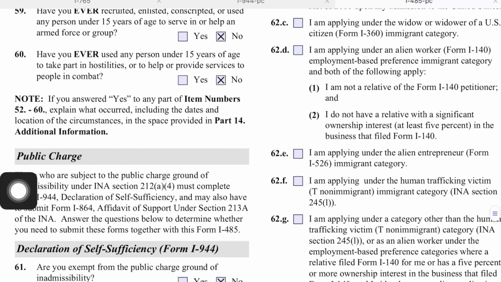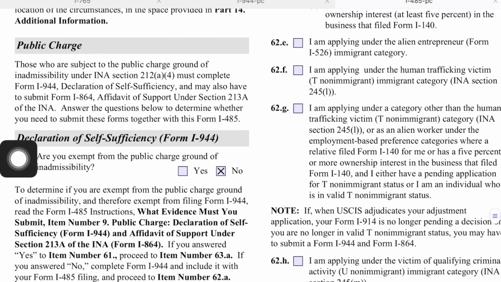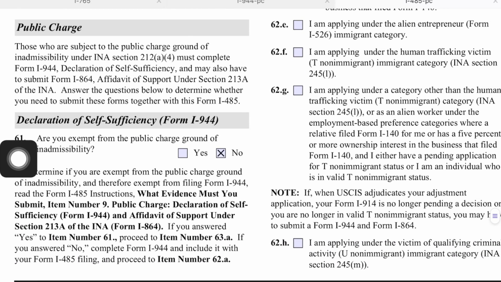No. So there's a note again here, guys. If you answered yes to any part of item numbers 52 to 60, explain what occurred, including the dates and location of the circumstances, in the space provided in part 14. So just read that carefully, guys, and answer it truthfully.